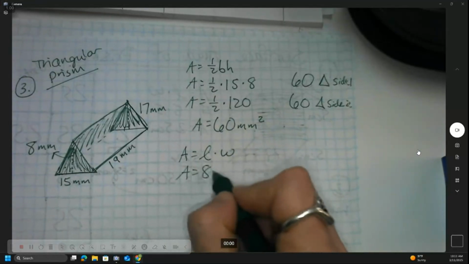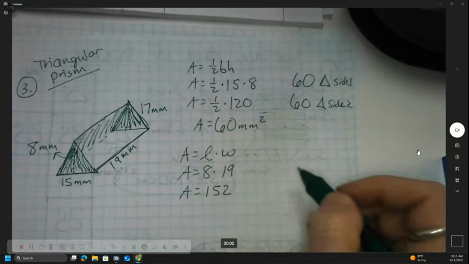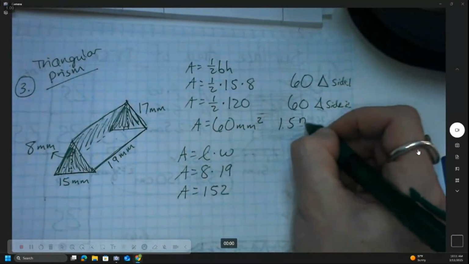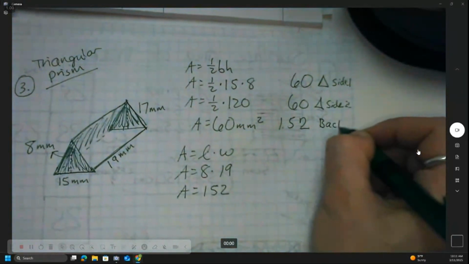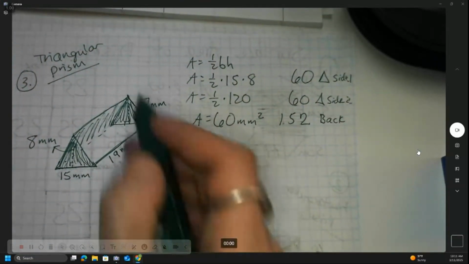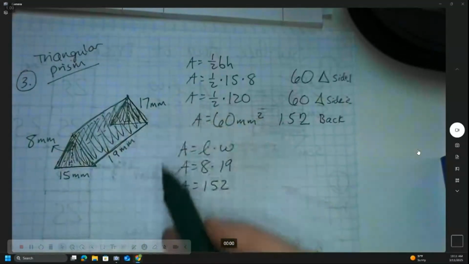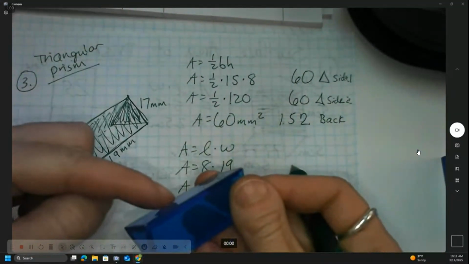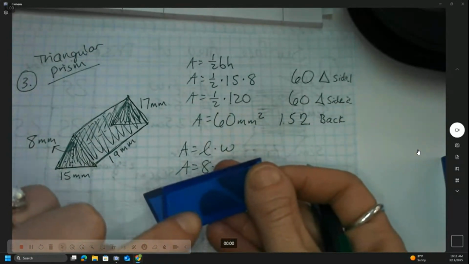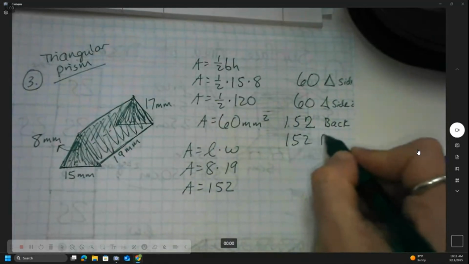So 152 for the back is what we have. Now we got to add that same to the front because it's the same dimensions. So 152 for the front.